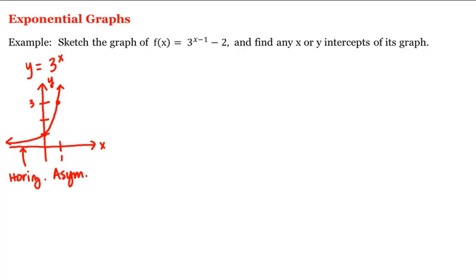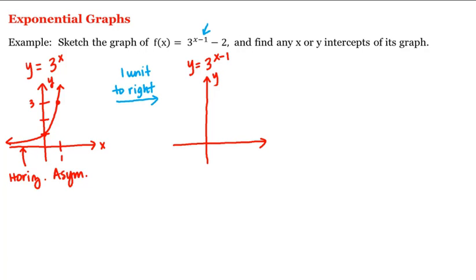Now what does this minus 1 do here? What that does is it shifts this graph rigidly 1 unit to the right. That is, the graph of y is equal to 3 to the x minus first power looks like this. So here's the y-axis. Here's the x-axis.